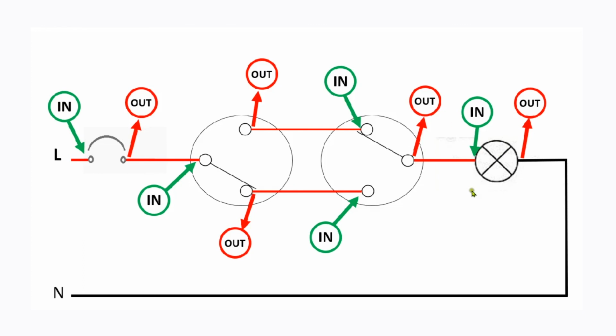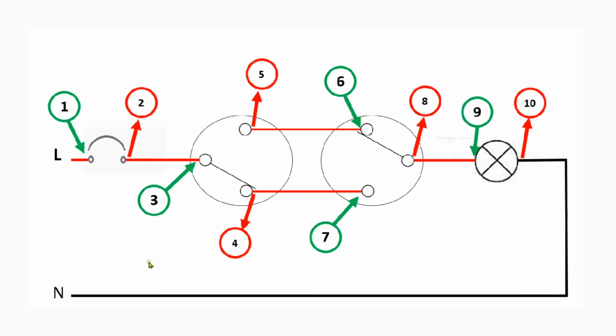And lastly, I have a conductor that comes out of this bulb and it gets connected to the neutral. Let's go and put our numbers in. We're going to call it number 1, number 2 that's coming out, number 3 going in, number 4 that comes out, number 5 that comes out, 6 goes in, 7 goes in, 8 comes out, 9 goes into the bulb, 10 comes out, which goes to the neutral.